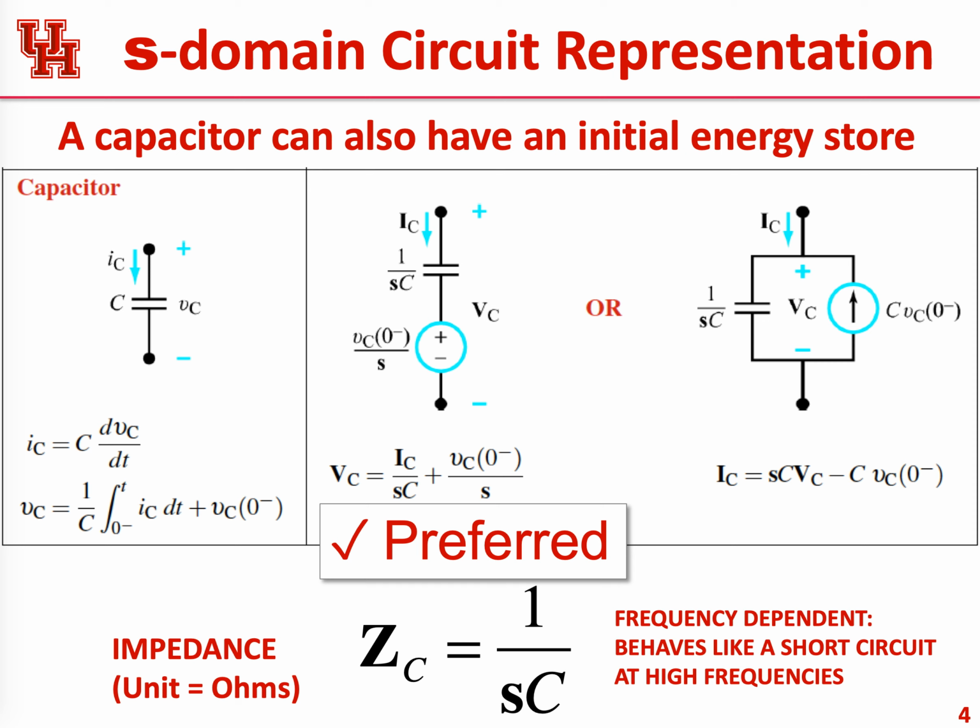This is the basic theorem for writing the Laplace transform of a derivative. Now if I expand this out a little bit, this equation looks like this: s C V_C of s minus C V_C of 0 minus.